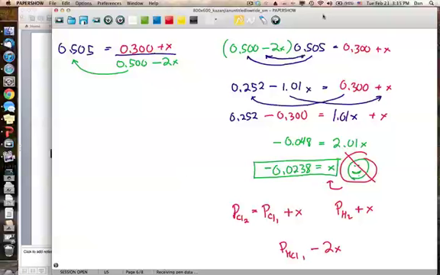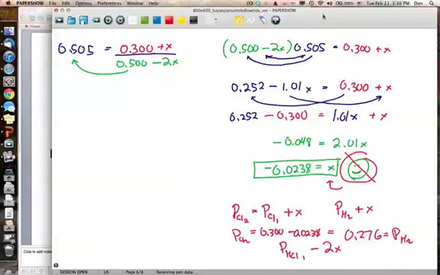So we plug those in. This will become equal to 0.300 plus x, which in this case, x would be negative 0.0238. This will give us the partial pressure of the Cl2, which in this case is also equal to the partial pressure of the hydrogen at equilibrium, 0.276 atmospheres.